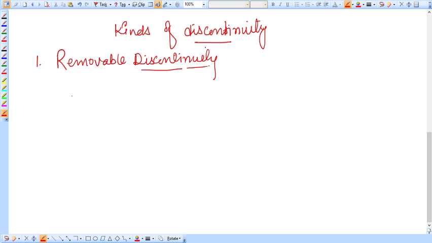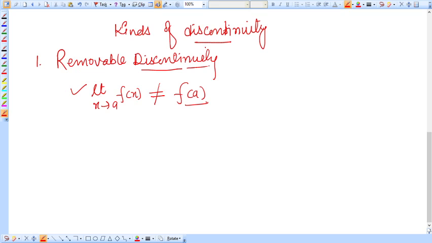See what happens in this discontinuity: the limit of the function exists but it is not equal to the value of the function. If this sort of discontinuity is coming in the function, it is known as removable discontinuity, and this can be removed.